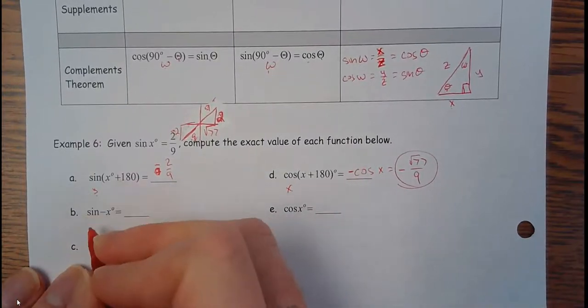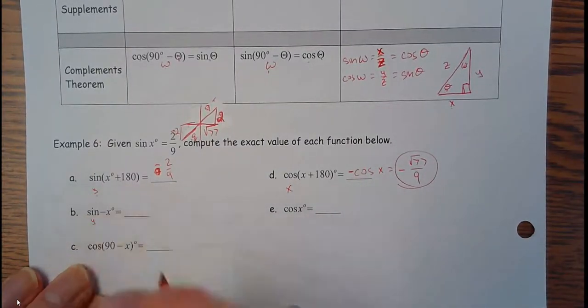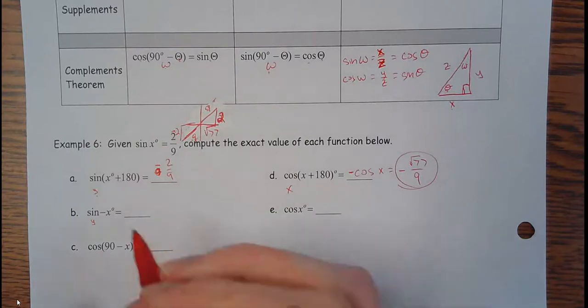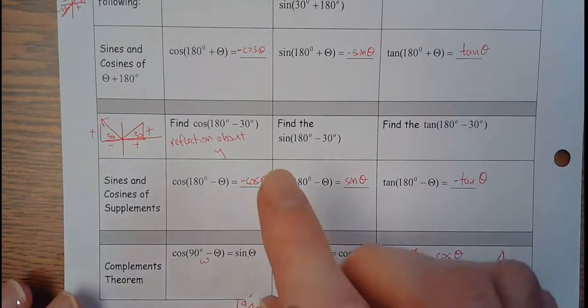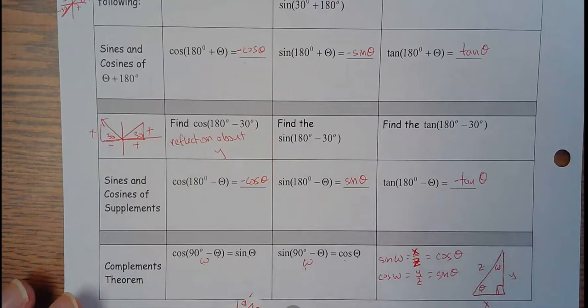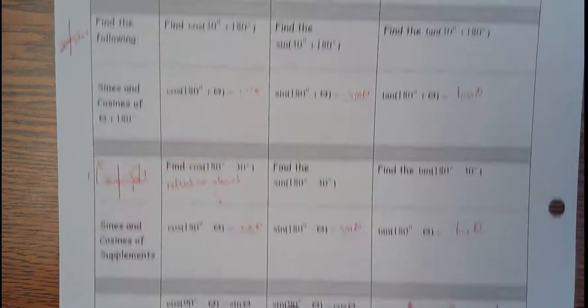Here's sine. Remember, sine represents the y value. So in my mind, I'm thinking how far up or down I go. If I had the exact opposite value, that's going to flip it about the x-axis.